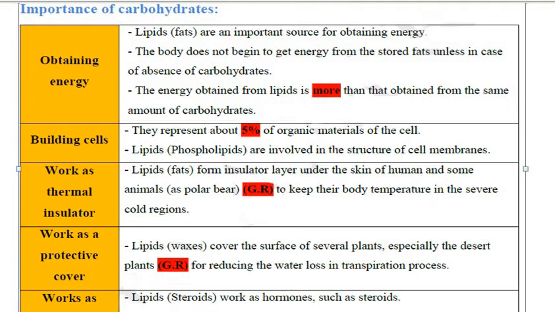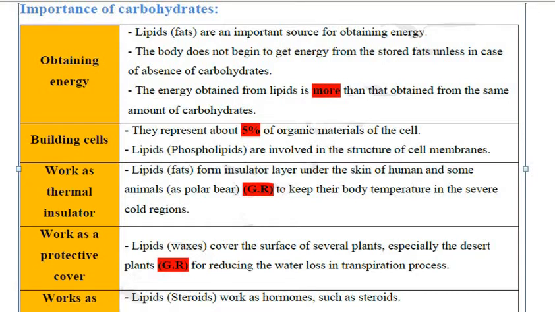For sure, lipids have many importances. Here is the importance of lipids, not carbohydrates. Obtaining energy: lipids are an important source of energy, and we can obtain more energy from lipids than from carbohydrates. Also, they are used to build cells, like the cell membrane in plant and animal cells.